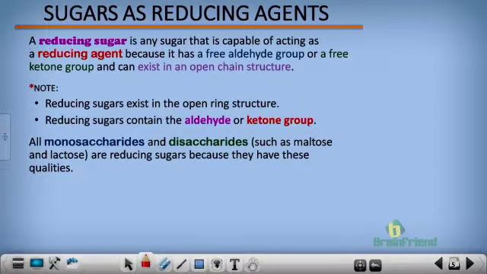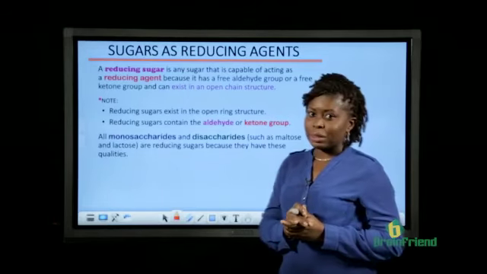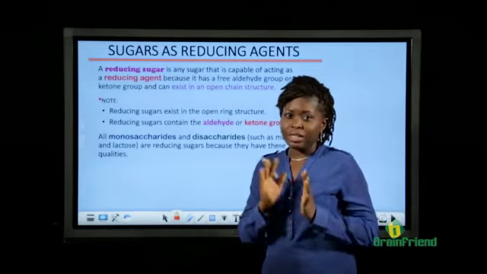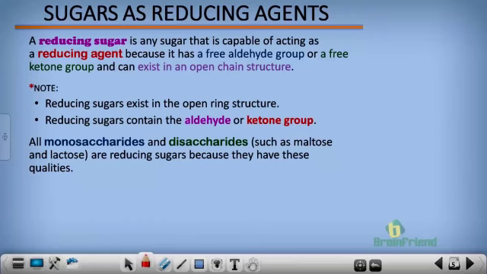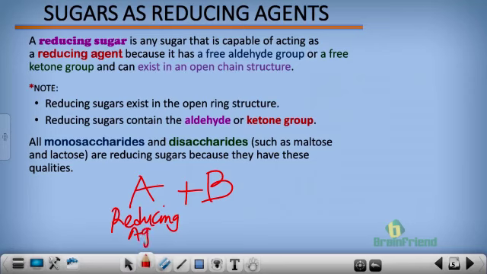Now, what are reducing sugars? Before we talk about reducing sugar, it's important for us to understand the concept of reducing agents and oxidizing agents. Say you have two substances, A and B, reacting or taking part in a chemical reaction. One of them is a reducing agent, and the other one is an oxidizing agent.